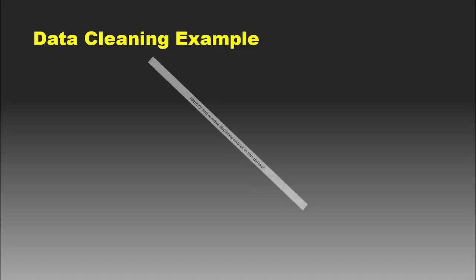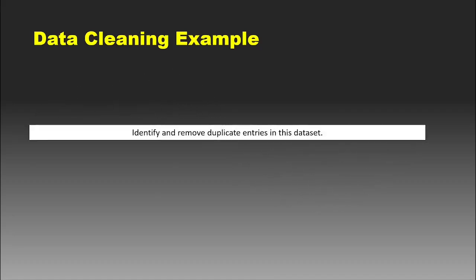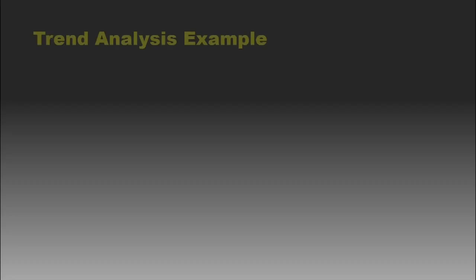AI-powered data cleaning tools, such as OpenRefine or Python's Pandas library, can scan large datasets for duplicate entries, inconsistencies, or missing values. For example, if a company has a customer database where some names appear multiple times due to minor spelling variations, AI can detect these duplicates and merge them into a single, accurate record. This process ensures cleaner, more reliable data for analysis.